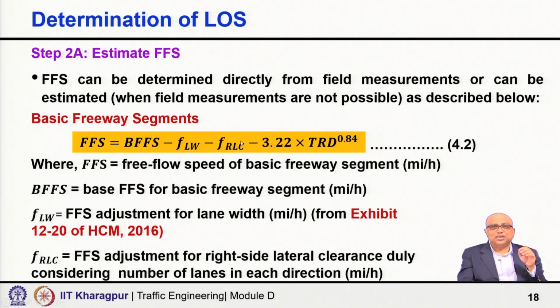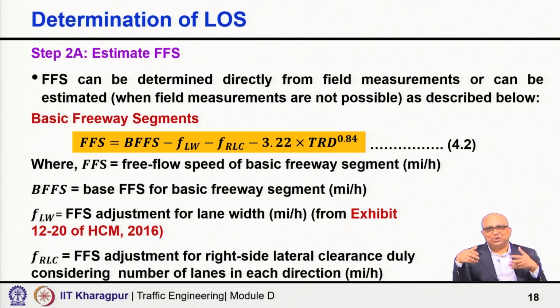Similarly, the next adjustment is with respect to F RLC, that means it is the adjustment of free flow speed for right side lateral clearance. It is considering the US convention, right side lateral clearance.